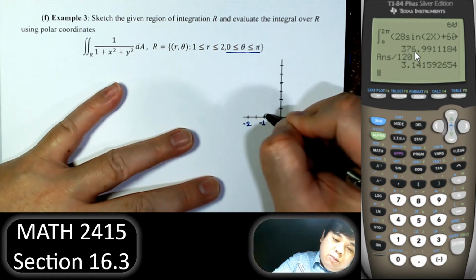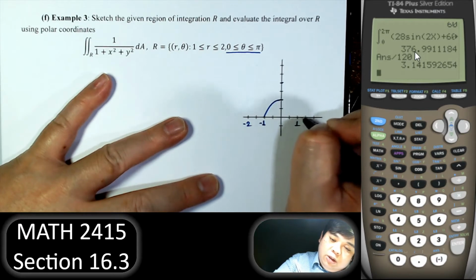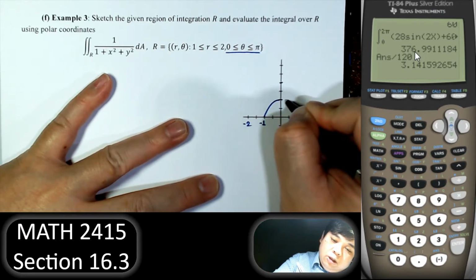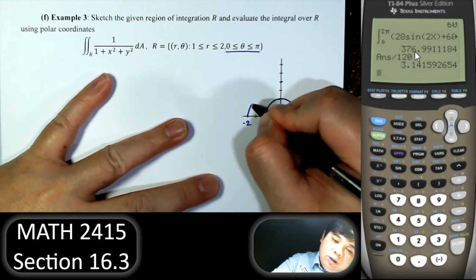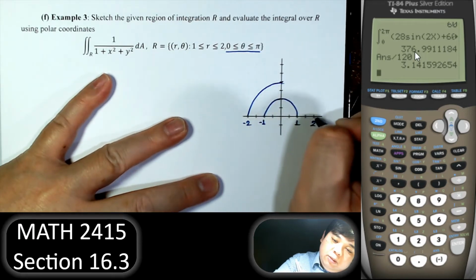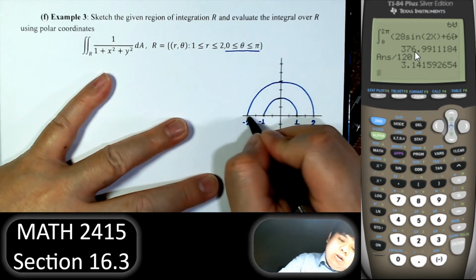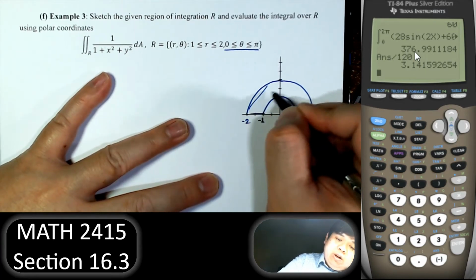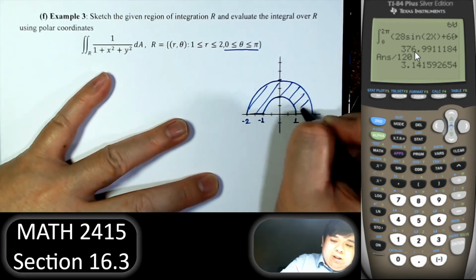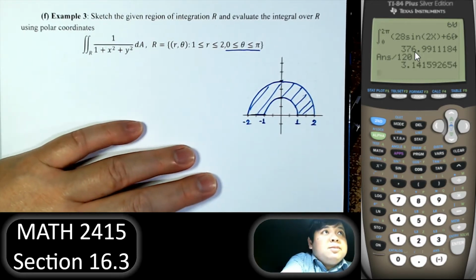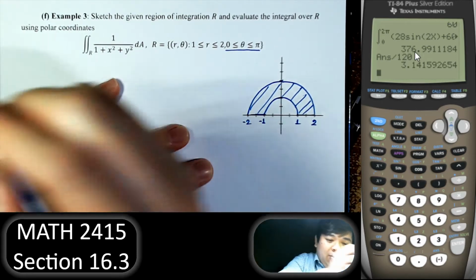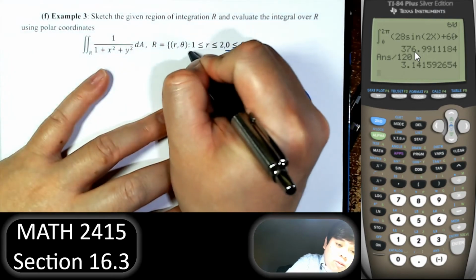So we're talking about half a donut. Right, so that's easy. We have the limits. So that should not be any problem.